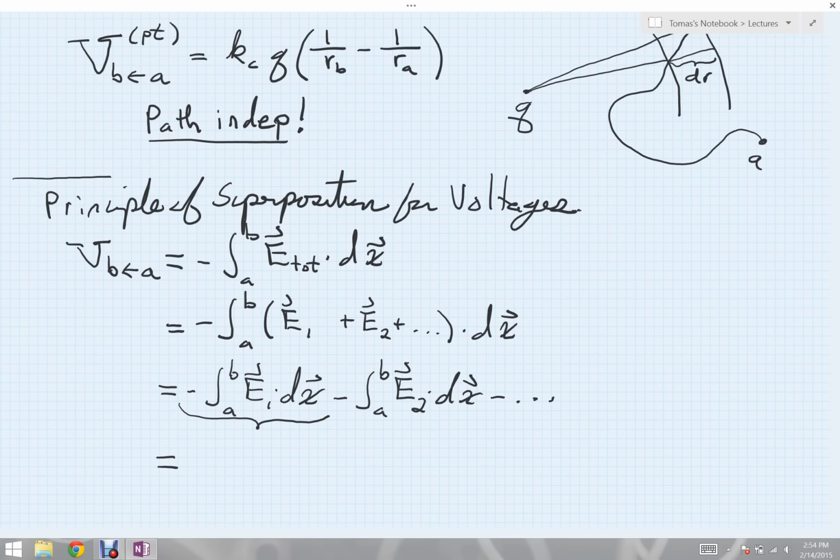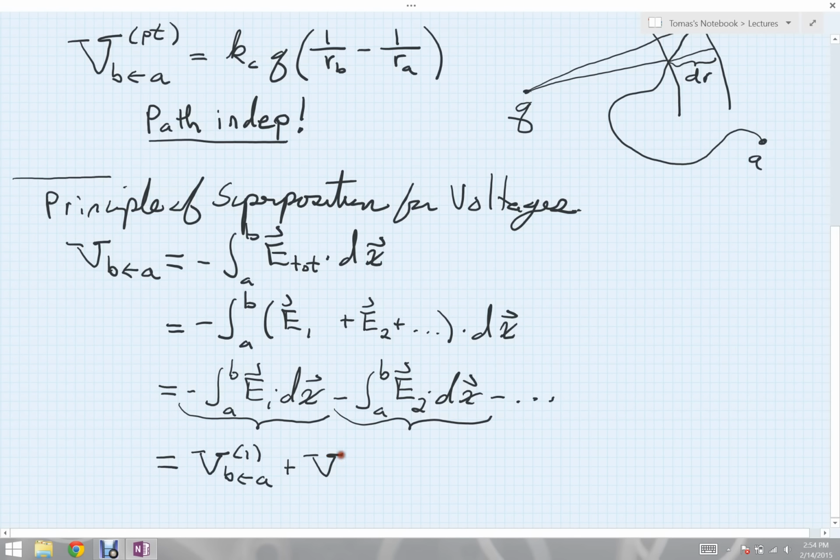So this would be the voltage associated with distribution 1 to go from A to B. The next term is just going to be the contribution from the voltage associated with charge distribution 2 as we go to B from A, and so forth.